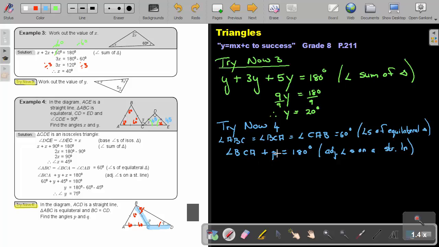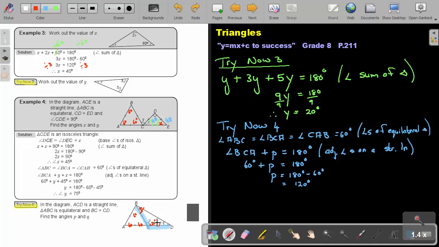And if I'm going to solve, so BCA, don't forget that I'm going to substitute 60. So plus this P equals 180. So to find this value of P, it will be 180 minus 60, and that will be equal to 120. It's always good if you find an angle to rather just write it in. Then you already can see in the figure where it sits and you already worked it out.